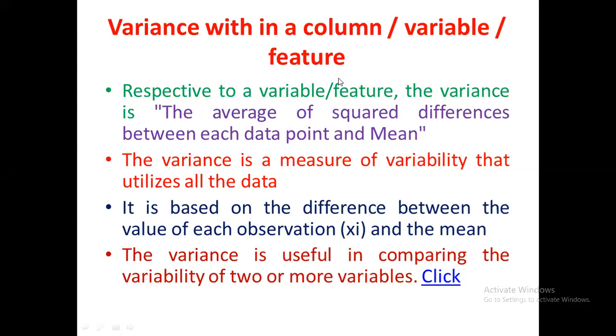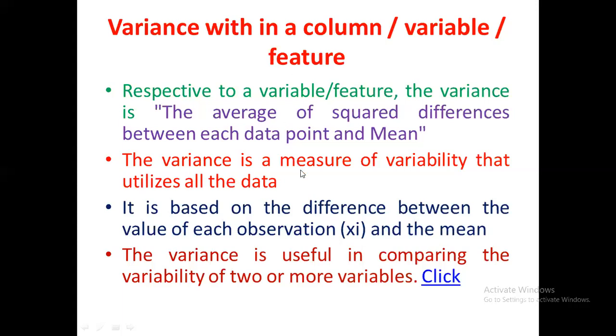The variance is the average of the squared difference between each data point and the mean: sum of (x minus mu) whole square by n, where x is the data point and mu is the mean.